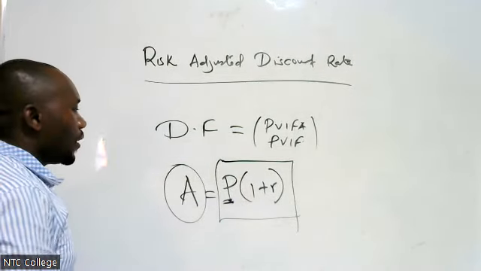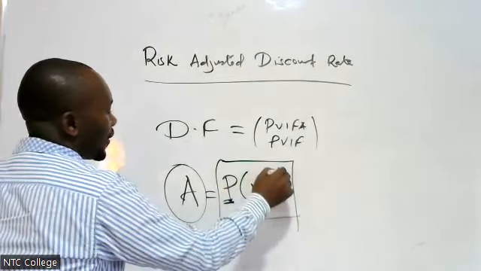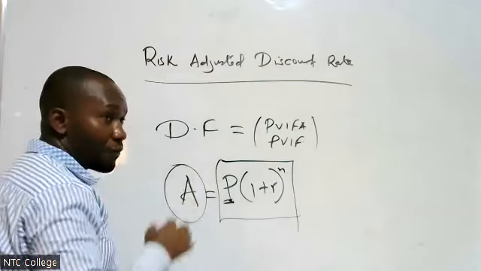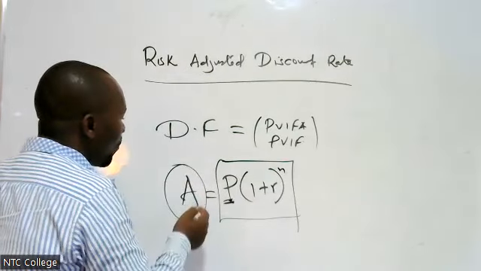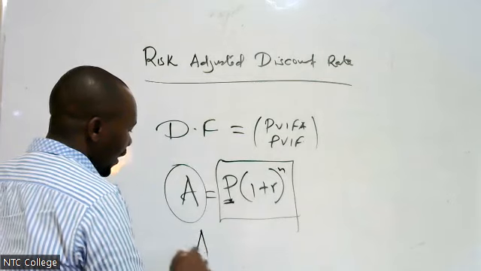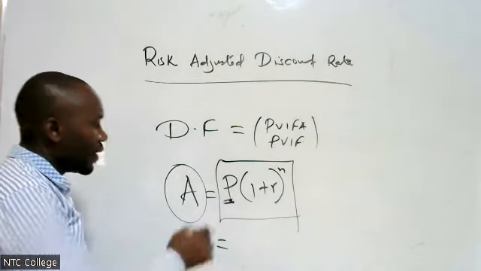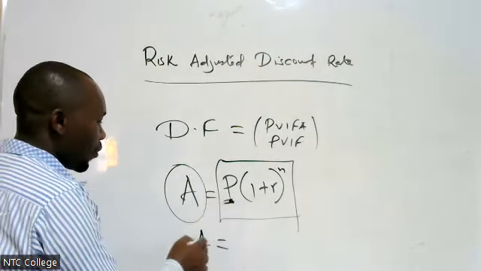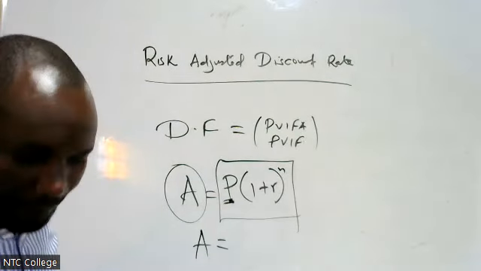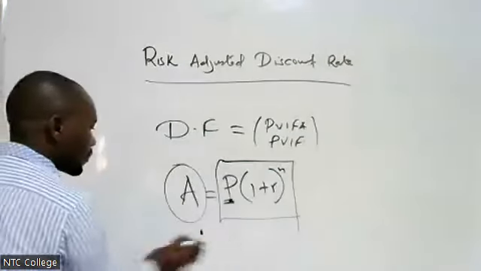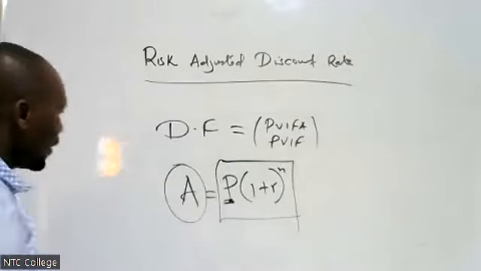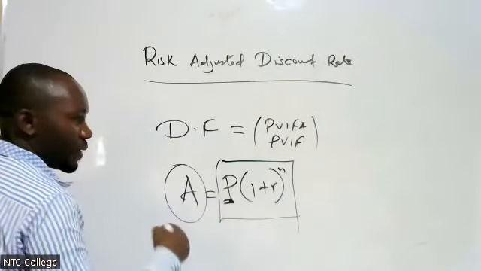You can have N here, depending on the number of years. For discounting, P is equal to the amount.